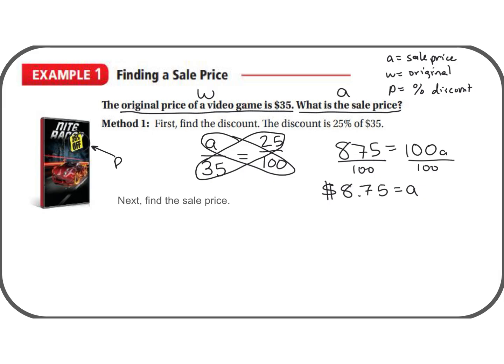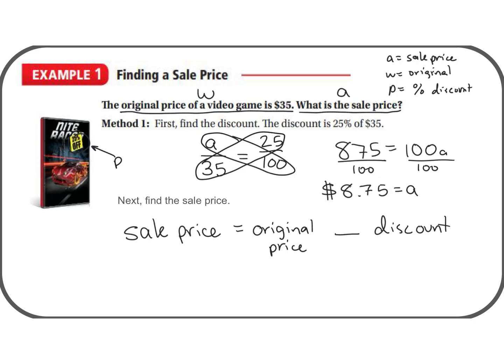Okay? So in a situation where we leave P as the percent off, we actually are going to say that my sale price can be found by taking my original price and subtracting my discount.